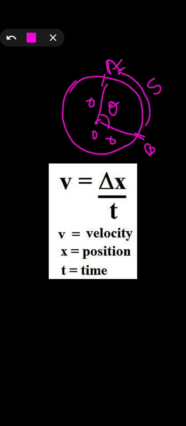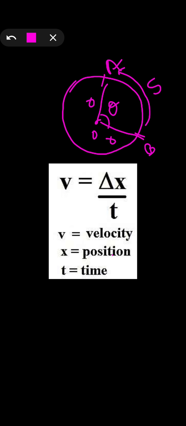Okay, now if we talk about linear displacement, then whenever a body moves in a straight path, when it covers the straight path, it is said to be linear displacement. Now when the body moves in a circular path, then its motion is said to be circular motion.